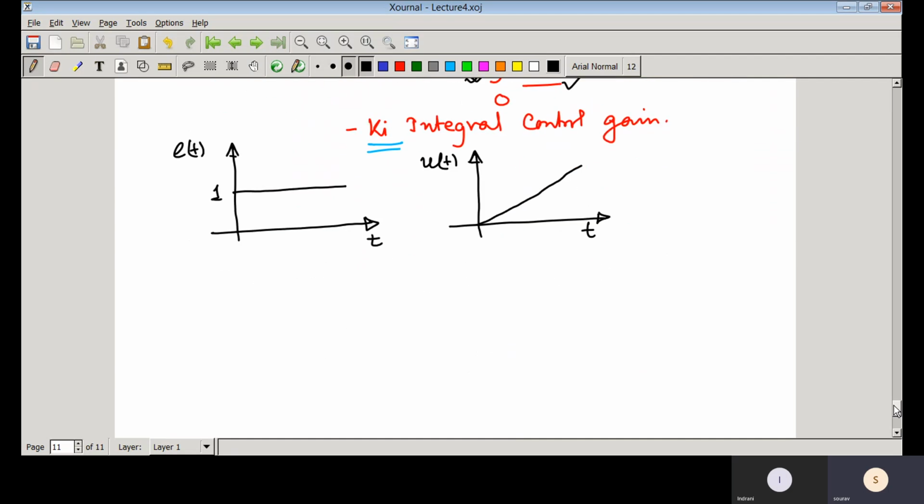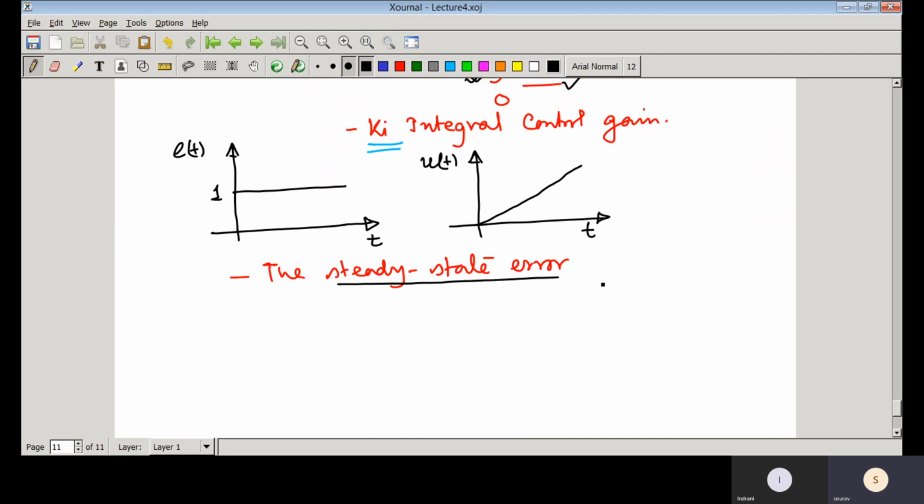So in this particular case, the big advantage of using integral control is it gives you the tracking performance. That means the steady state error. So this particular term, for the time being, you just take this term.